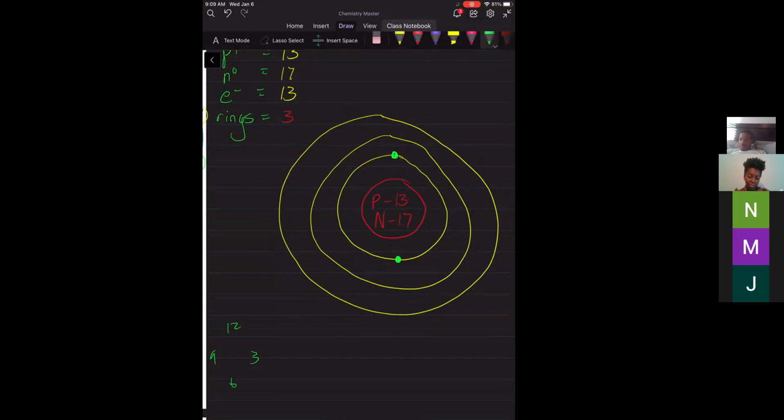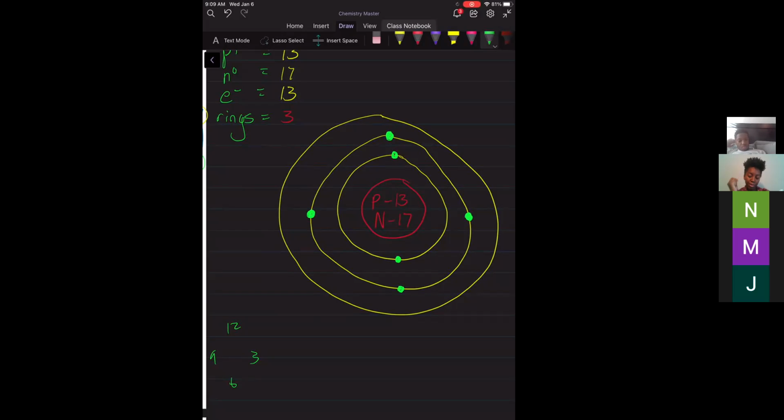So now that's 2 electrons in the first ring. I still got 11 to go. So that's 2, here's 3, that's at 12 o'clock. 4, 5, 6, that's 6 electrons. This ring can hold 8, so it's only got 4 now.